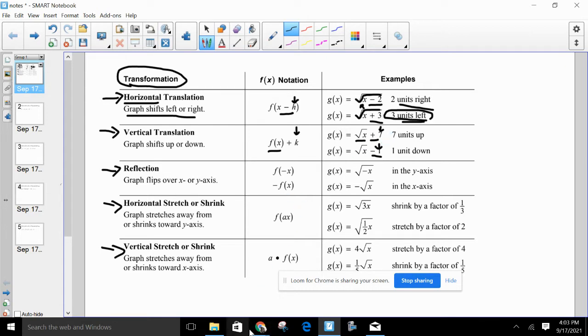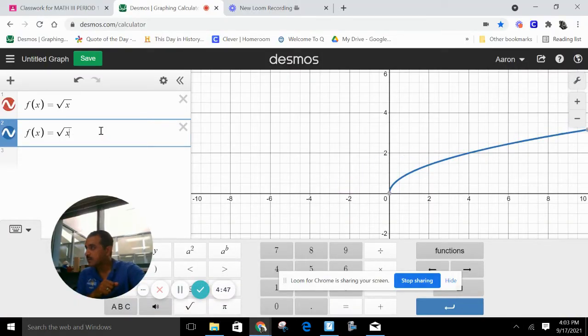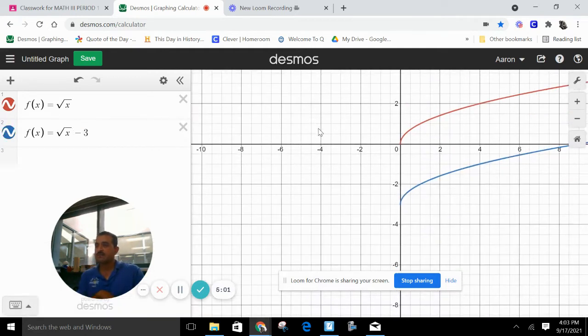Check it out. Let me go back to my graphing calculator. So let me go ahead and erase this. And now let me add a 3 outside. Look at plus 3. Look at it went up. If I subtracted 3, it goes down. So that's a vertical translation.